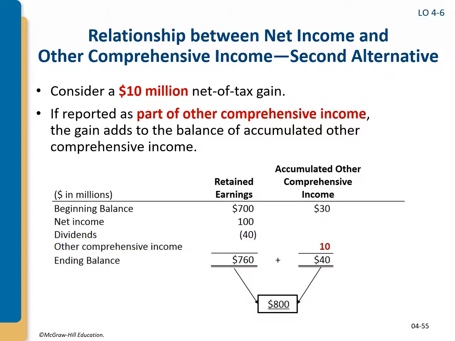Instead, consider a $10 million net of tax gain, which instead is part of other comprehensive income. Overall, it's still 800 retained earnings and accumulated other comprehensive income. However, be careful. It's the 760 that's available to shareholders to be paid as a dividend. So where we report this is very important.